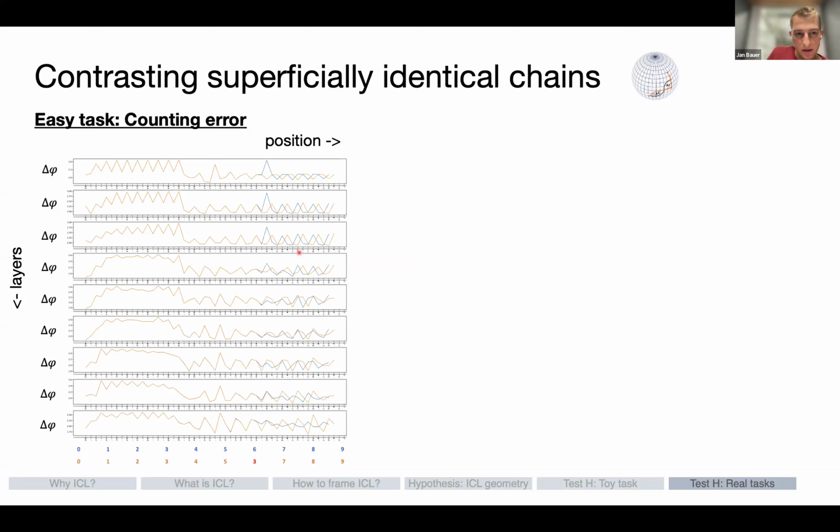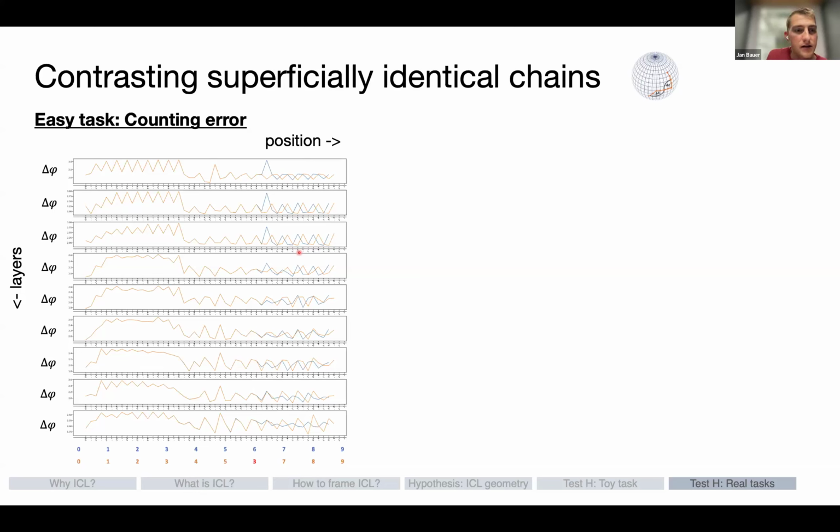And then they do something from there on. So this was somehow interesting. Maybe it was to be expected because the model of course then responds differently to it, but it seems to be encoded in these chain angles.